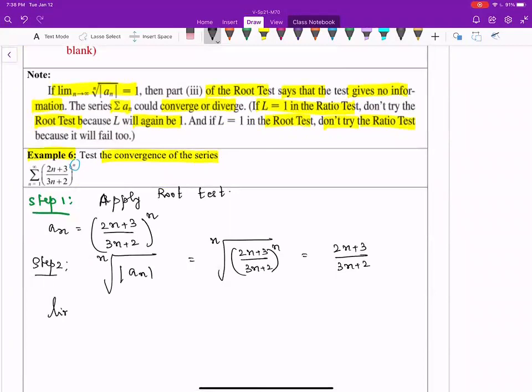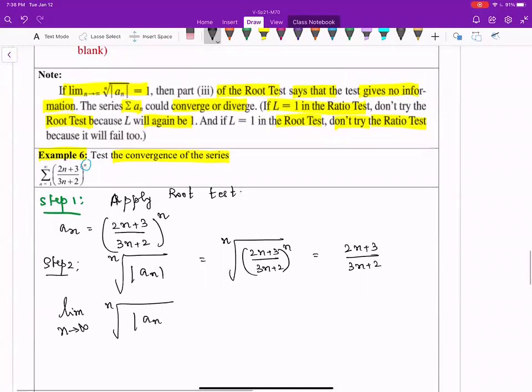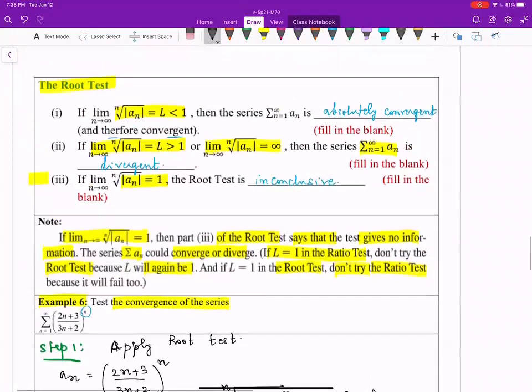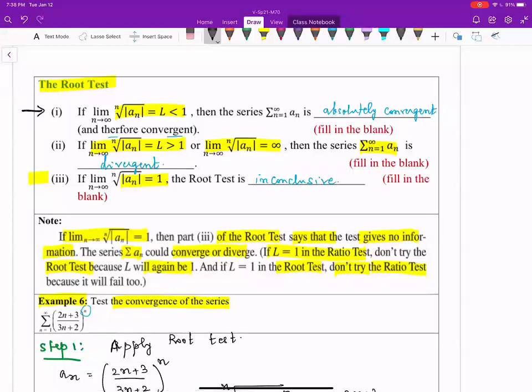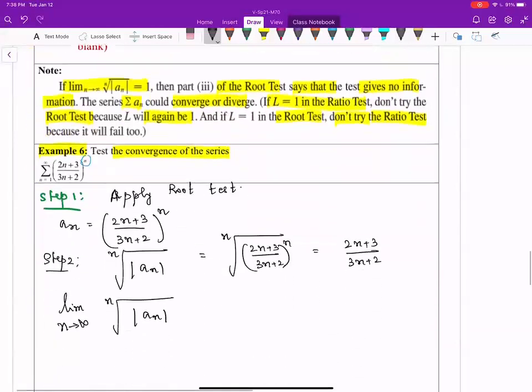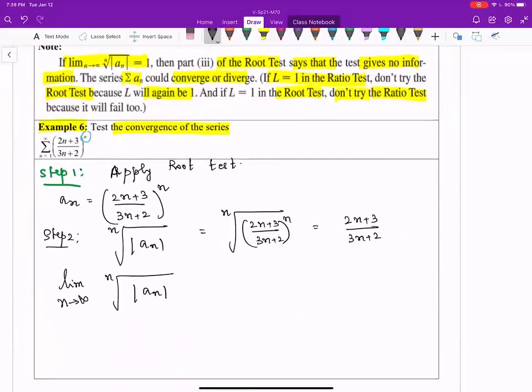Now we are going to apply the limit as n approaches infinity of the nth root of absolute an. That is what we have to check here, whether the limit is less than 1, more than 1, or equal to 1. So limit as n approaches infinity of 2n plus 3 over 3n plus 2.